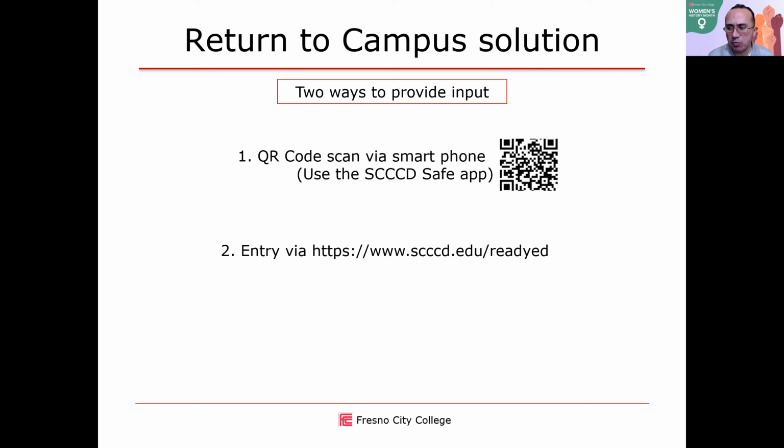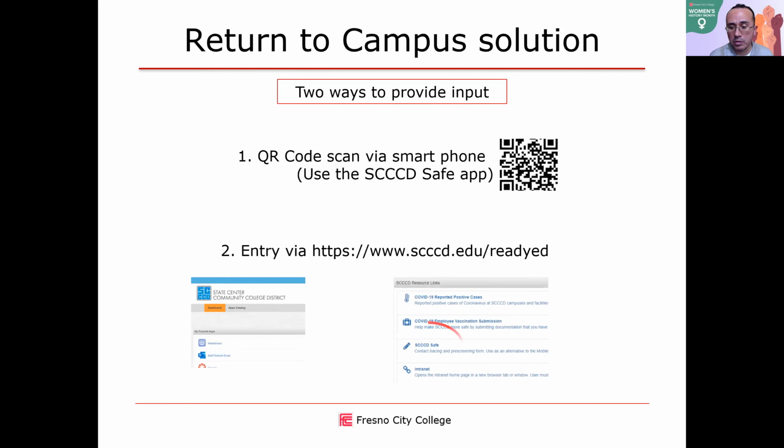Again, this is the Ready Ed app web link, which we are going to actually go through, utilizing the web link so you can see and feel what it looks like. This takes you straight to the portal. You have to scroll down a little bit to get this particular screen. On the SCCCD resource links, it's usually the third link that you'll see.